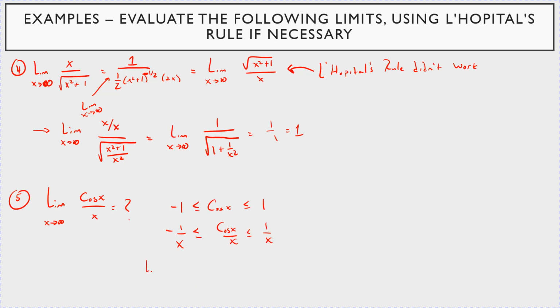And look, you can see here the limit as x goes to infinity of -1 over x, and you can obviously see that both of those are going to be 0. So this is just 0.